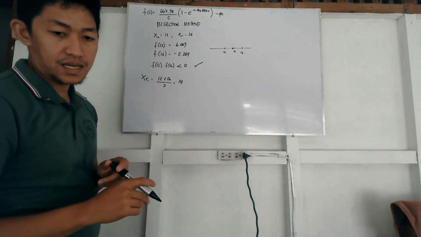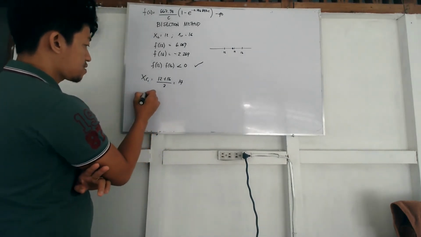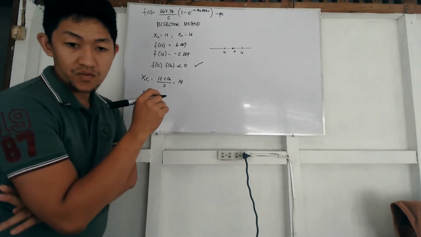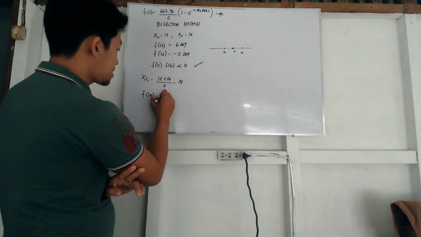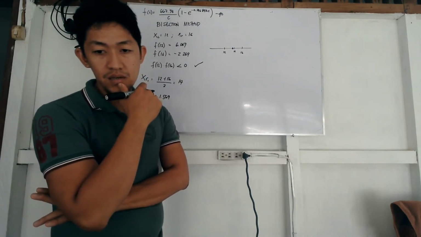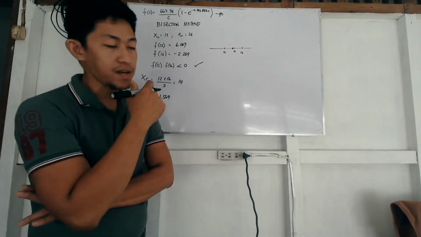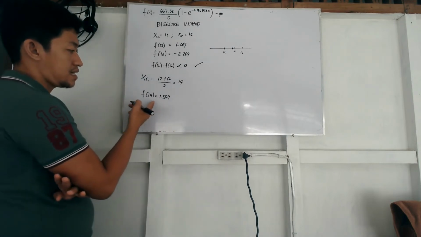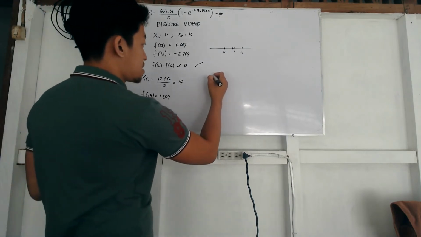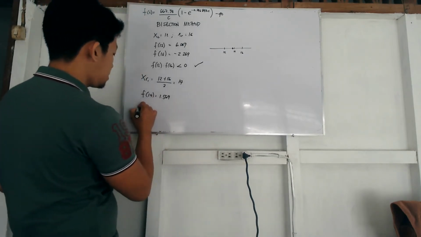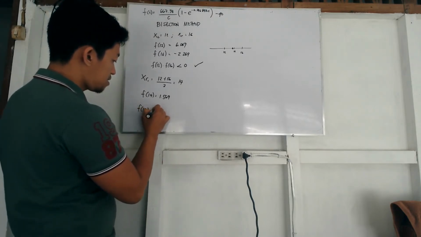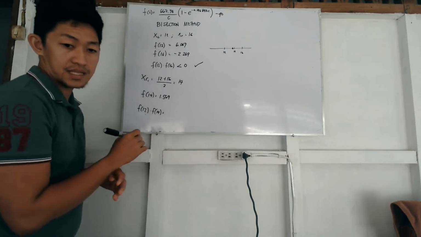So what we do is we get the value of f of 14. F of 14 is 1.569. And then we check whether the root belongs to our sub-interval. So you have f of xl or 12 times f of 14.